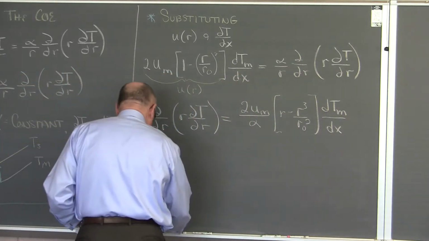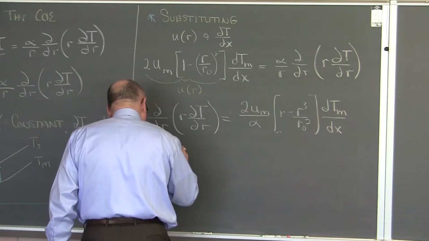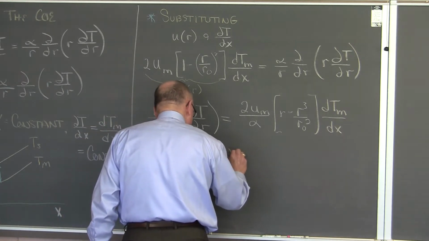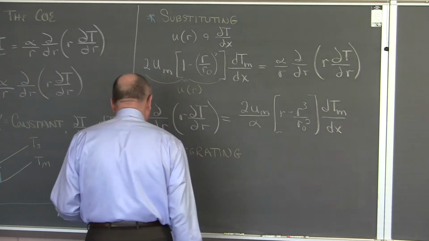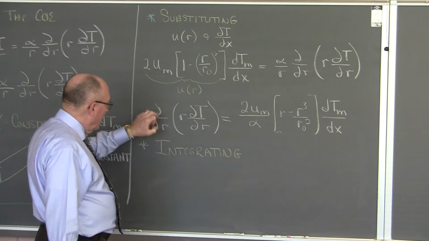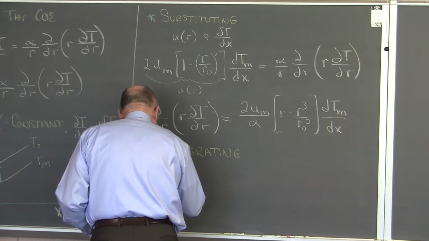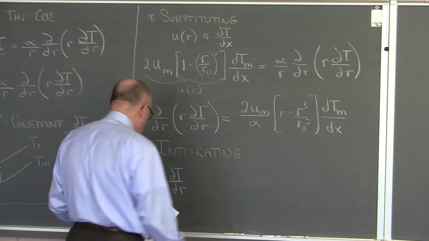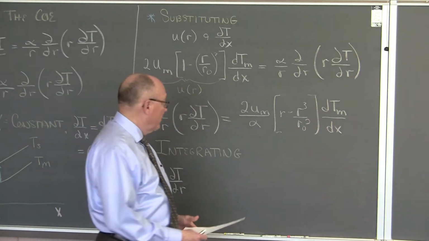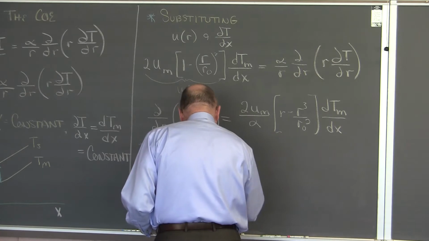Now we're going to integrate. We're going to integrate this side. So the integral of the change of r dT/dr is just going to be simply r times dT/dr, partial of temperature with respect to r. We'll multiply each side by dr and we'll integrate. And that's going to be equal to 2u_m over alpha.